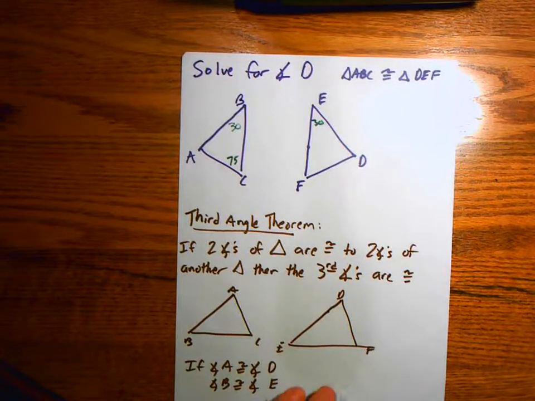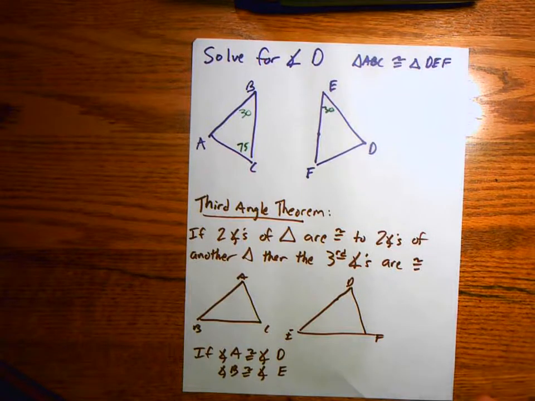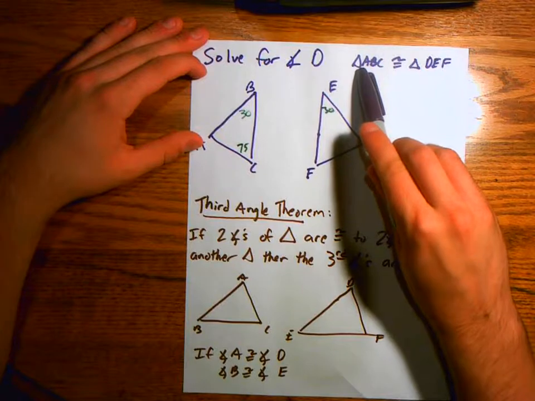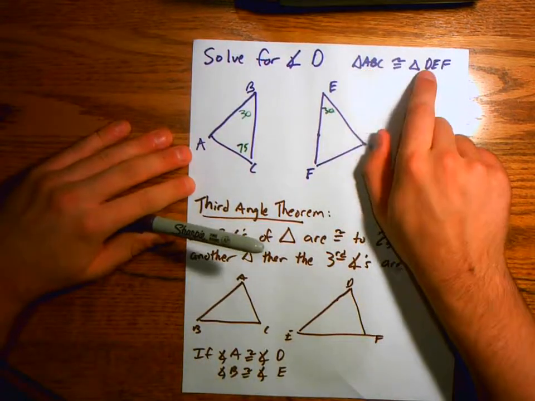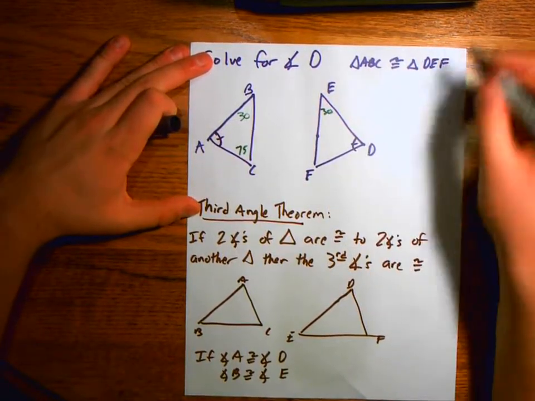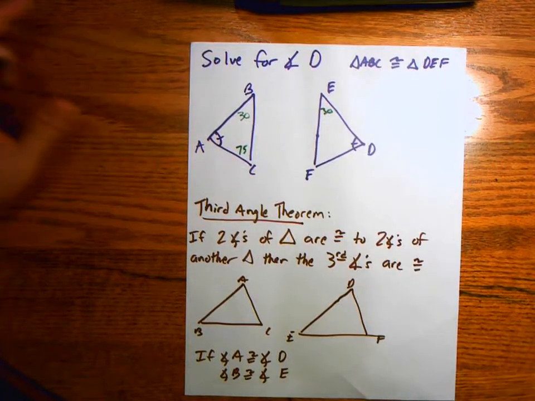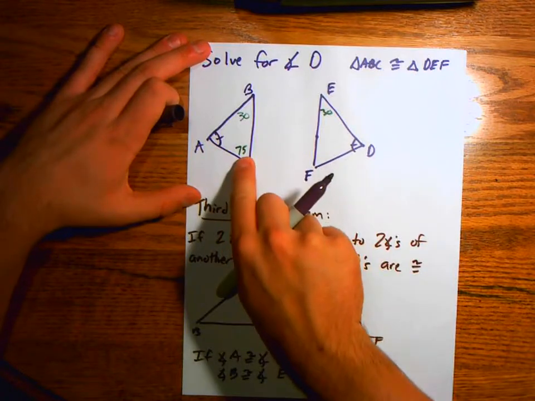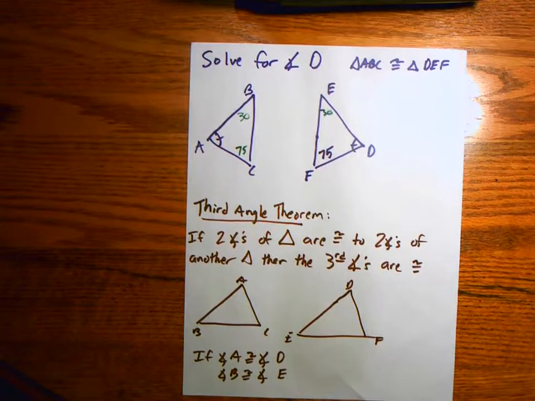Going into an example problem where you're trying to find a missing angle or a missing side length, you're given that these two are congruent, ABC is congruent to DEF, so in order we know that A is congruent to D, E is congruent to B, which these two are both 30, so we know they're congruent, and C is congruent to F. If C is congruent to F and C is 75, then F is also 75.